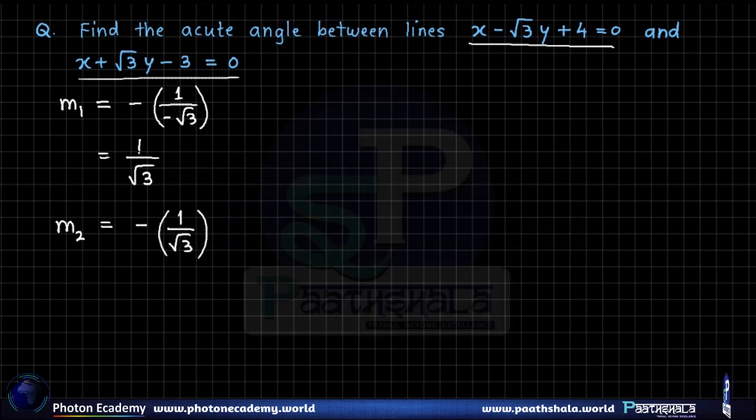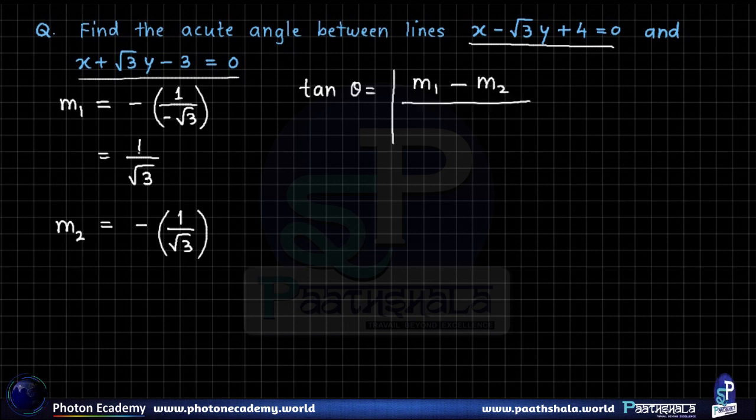That's it. Now let's write the formula, that is tan theta is equal to mod of m1 minus m2 upon 1 plus m1 m2.